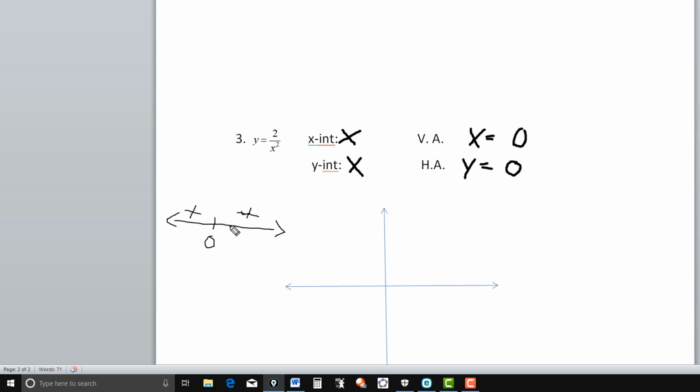Okay. So this tells me the graph stays strictly above the x-axis. Okay. So again, the vertical asymptote is the y-axis. The horizontal is the x-axis.